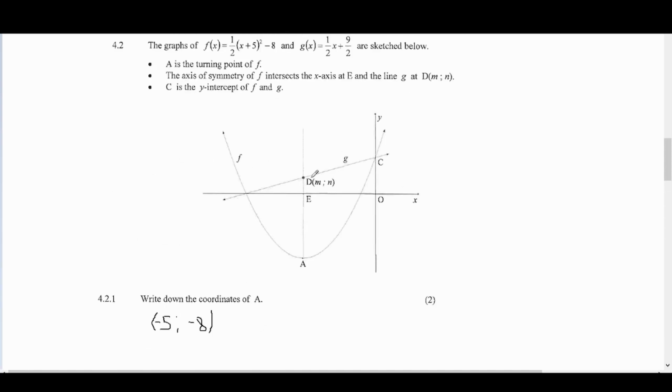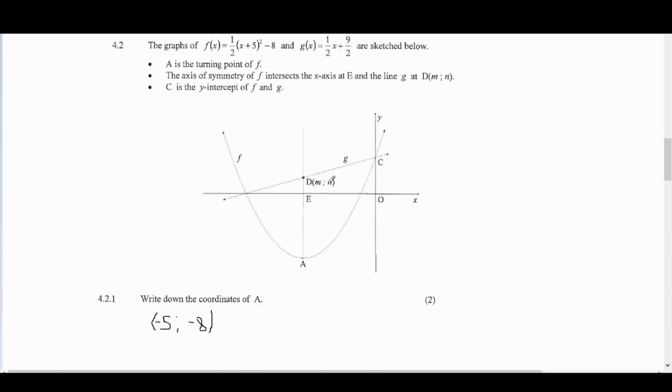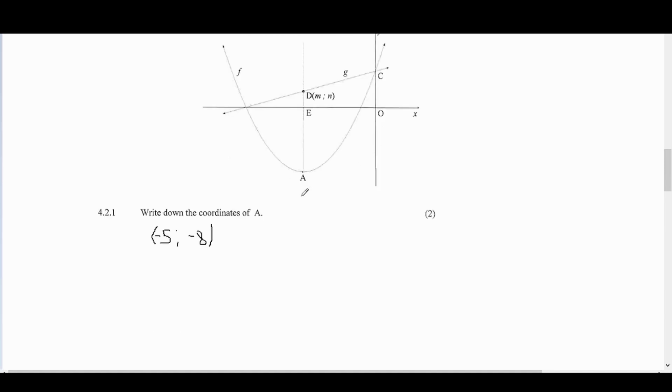And so now we need the short side, which is the distance between O and D. We already have the value of n, which is the distance from 0 to the point D. And n, of course, we have is 2.